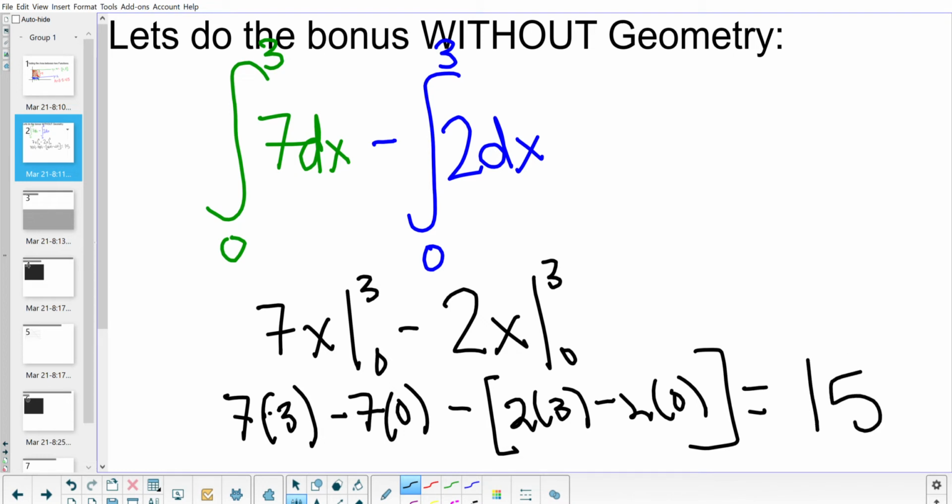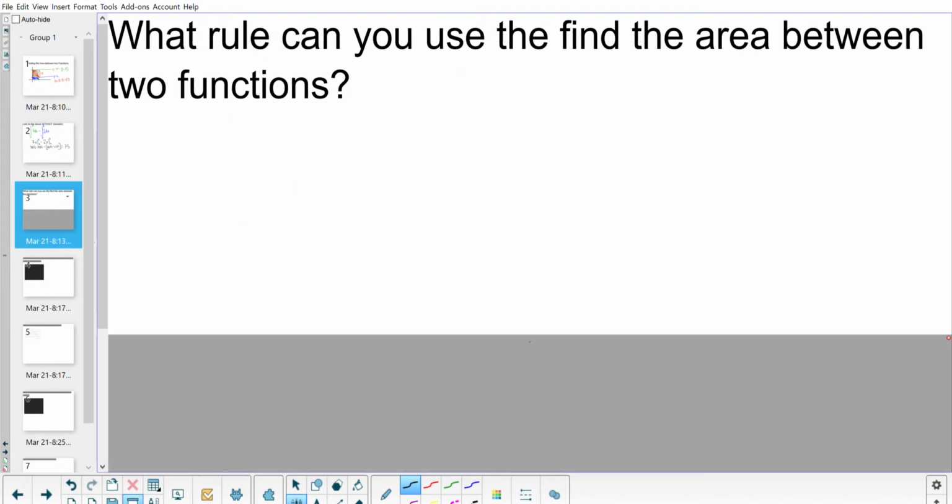Okay, so we talked about how to do it with area. We talked about how to do it with calculus. Let's generalize this. Basically, when you're doing this, you're going to take the area of whatever curve is on top and subtract from it whatever curve is on the bottom.